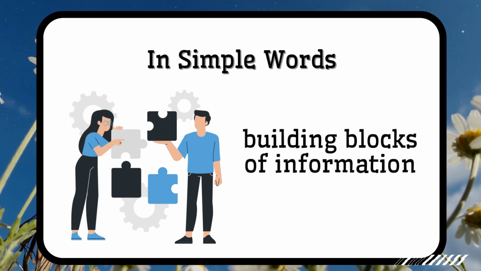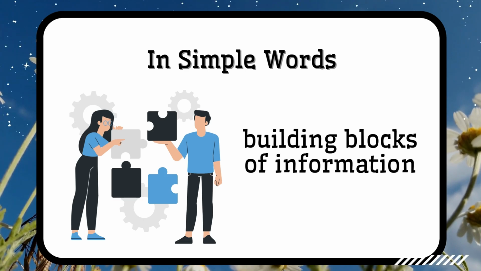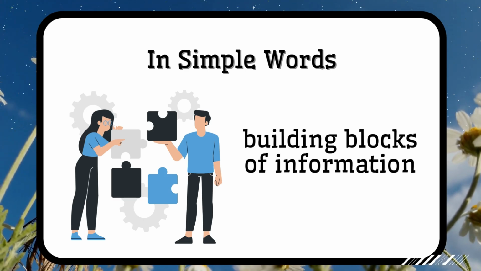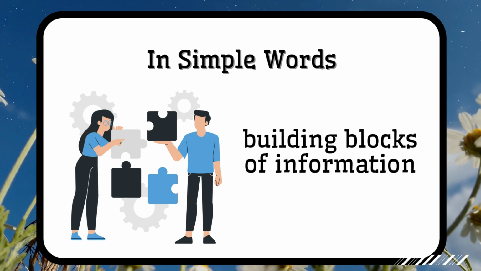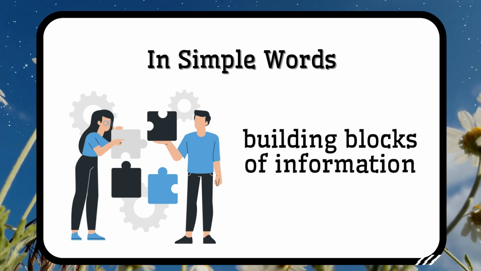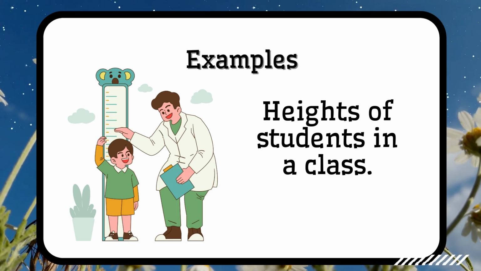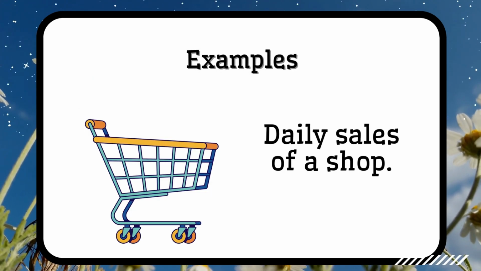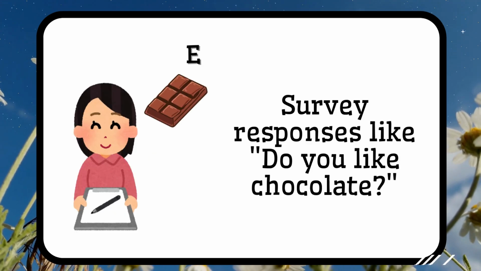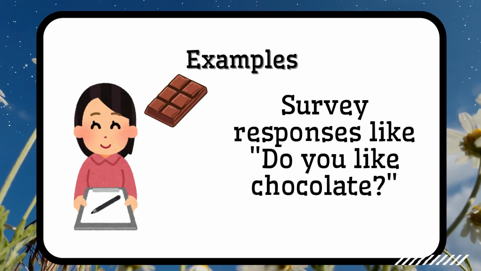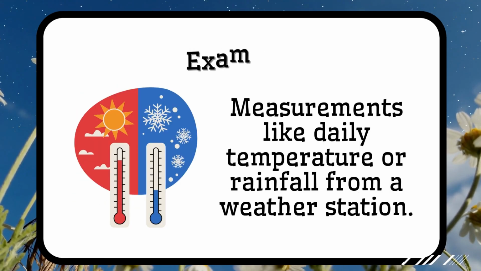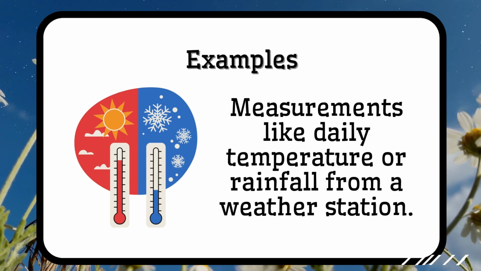Just like how letters form words and words form sentences, data forms knowledge. Some examples of data are height of the student in class, daily sales of a shop, survey responses like do you like chocolate, and measurement like daily temperature or rainfall from weather station.